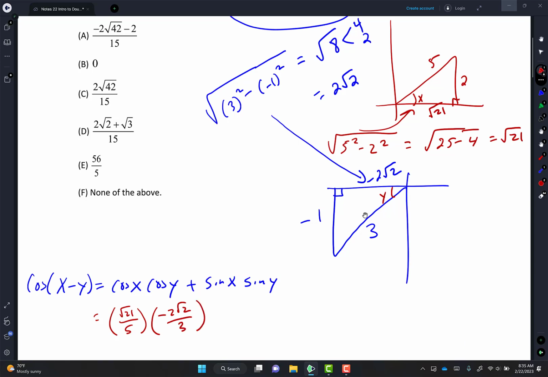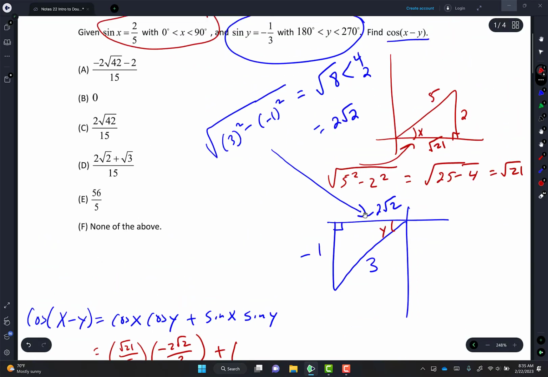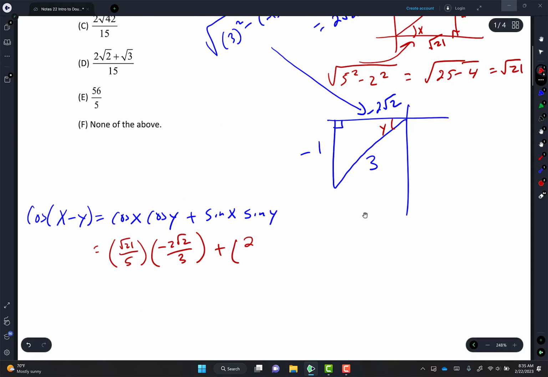Is anyone freaking out? Okay. Plus sine x. Sine x was given, that was 2/5. Well, you don't need to go up there, you can just look at the triangle. And then sine y is negative 1/3. So let's see what this is. Negative 2 square root of 21 times 2, 42 over 15, minus 2 over 15.